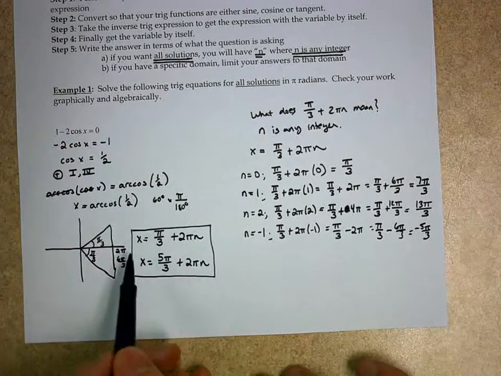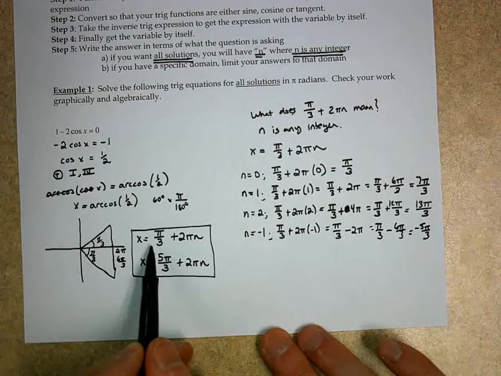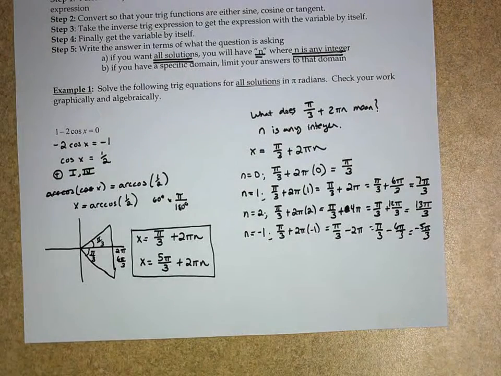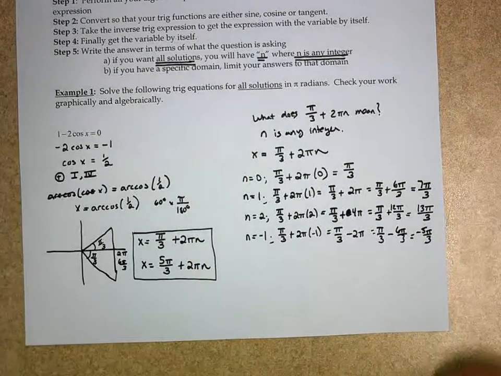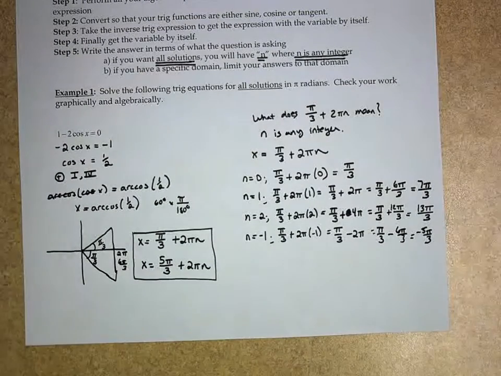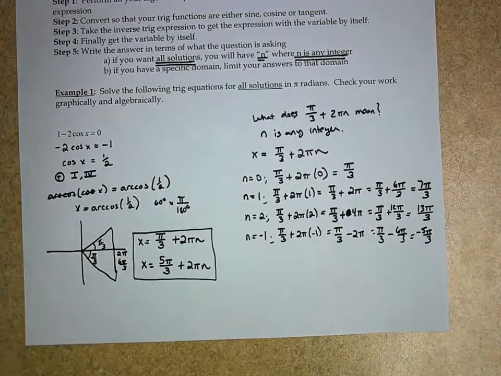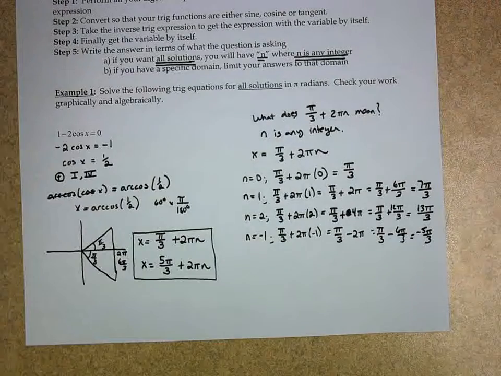So this equation right here, this pi over 3 plus 2 pi n, represents all solutions for every single coterminal angle that we've got. So the key that you see right here is when you see all solutions, you're going to leave it in terms of 2 pi n or maybe a pi n, depending on the type of equation that you're given. But you're going to have this n piece in here indicating all solutions.